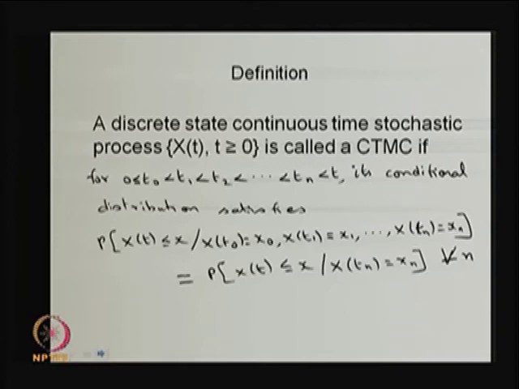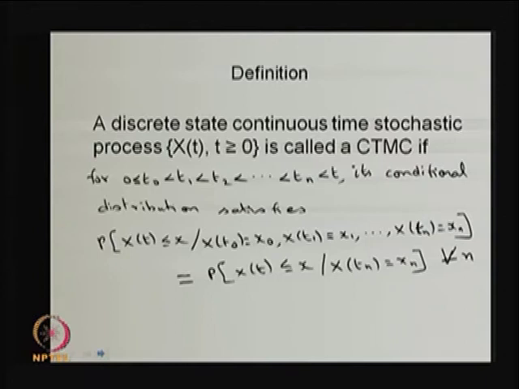That conditional CDF, if it is the same as the conditional CDF of X(t) given only the last random variable X(tn) equal to xn, then, since these n plus 1 time points are arbitrary, if it is satisfied for every n, that means the conditional distribution given n plus 1 random variables is the same as the conditional distribution given the last random variable.